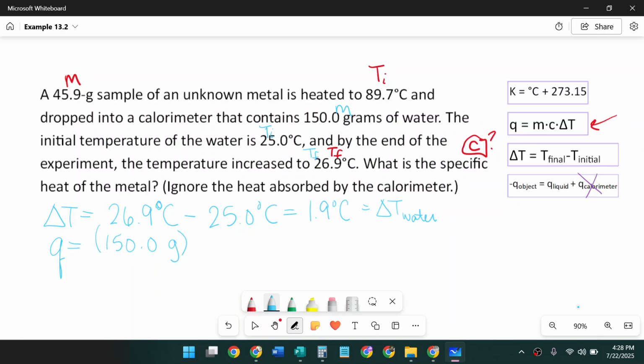Our C for water, this is something that we are supposed to have memorized, 4.184, and that's joules per gram times Celsius. And then our change in temperature for the water is 1.9 degrees Celsius. Now looking at this, I can see that I'm going to have to limit this to two significant figures. So I'm going to write that over here near my problem with a little bubble around it so I can remember what I'm going for.